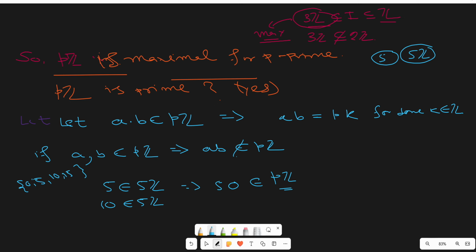Suppose that in 3Z, 3 inside 3Z, 6, 18 will be in 3Z. All the multiples of 3, of course.